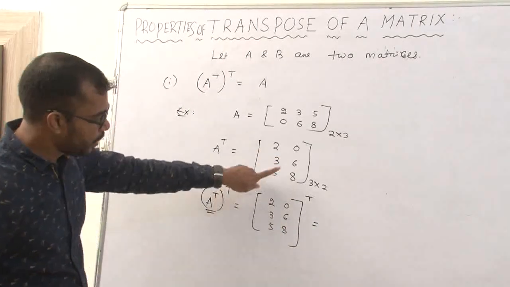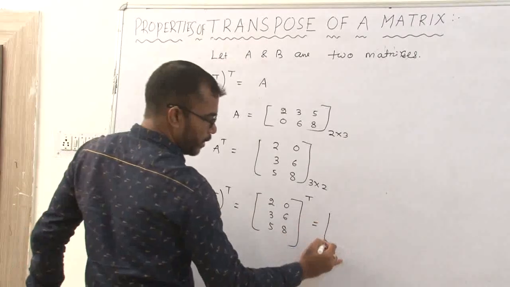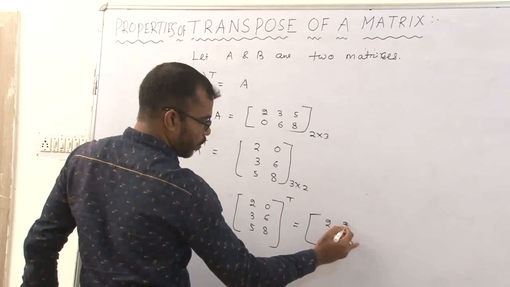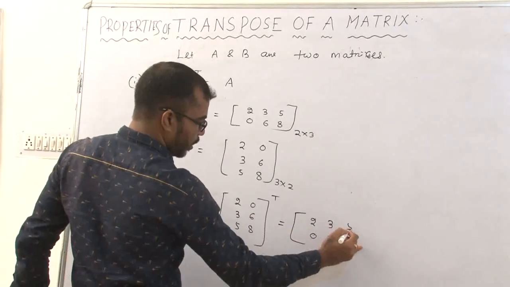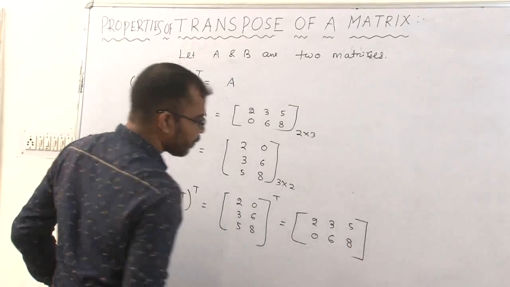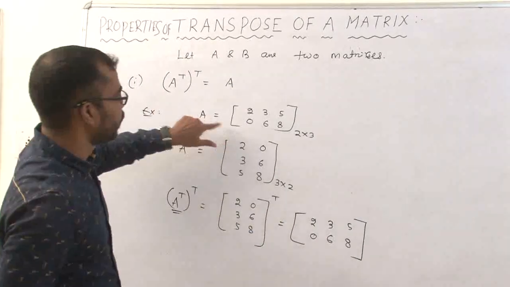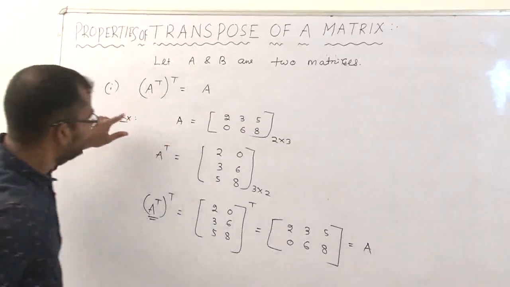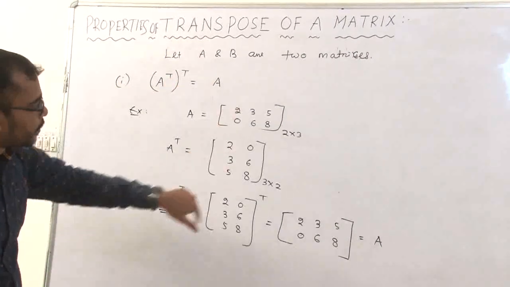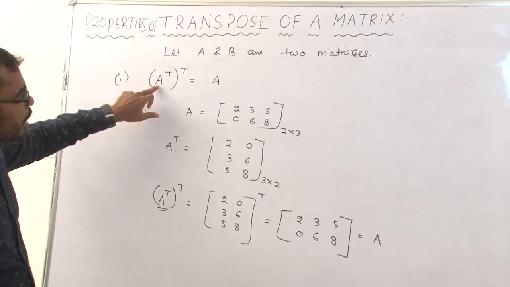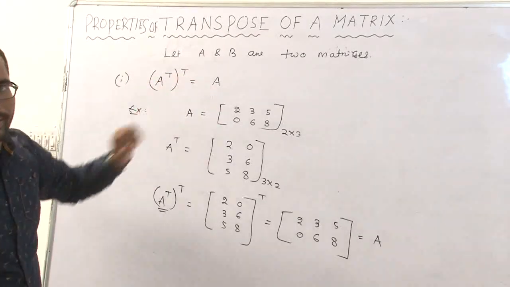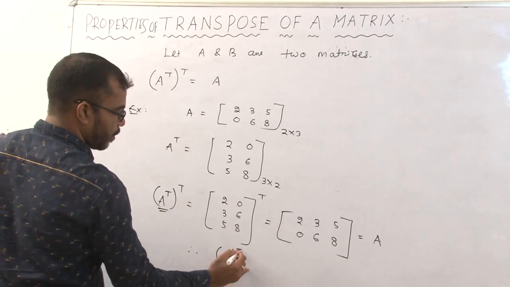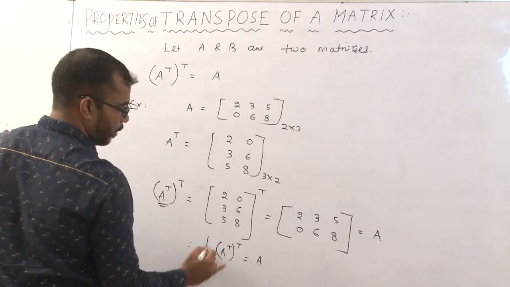If we find the transpose of this matrix, we get the first row as the first column, the second row as the second column, the third row as the third column. This value equals the given matrix, which is A. So in property 1, we have verified that the transpose of the transpose is A. Here we can write (A^T)^T equals A.